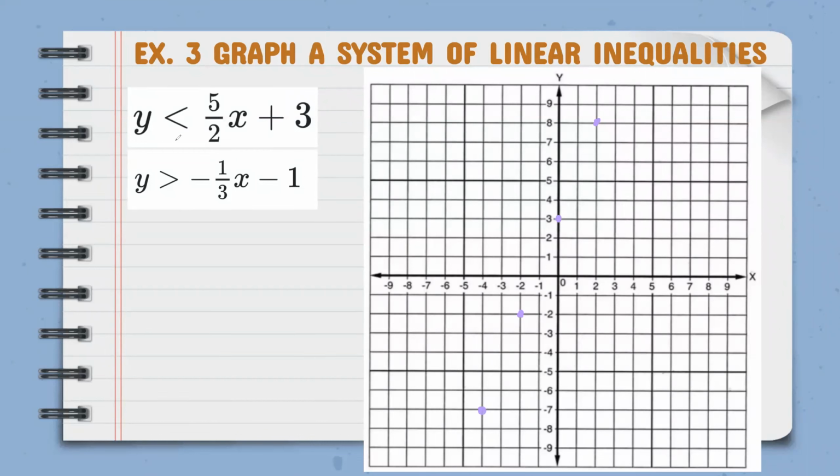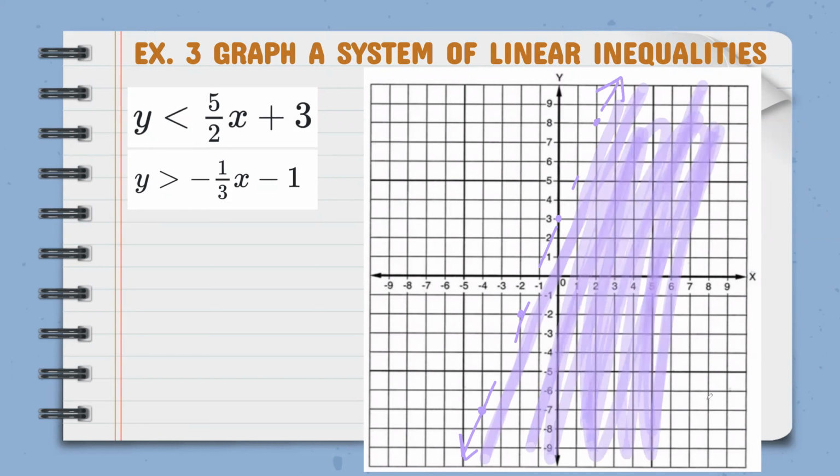Solid or dashed line? Both of them are going to be dashed lines. And because it's less than, I'm going to shade less than the y-intercept at 3, which is all of these values.